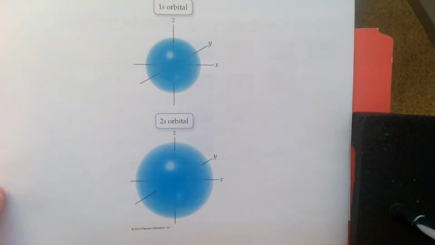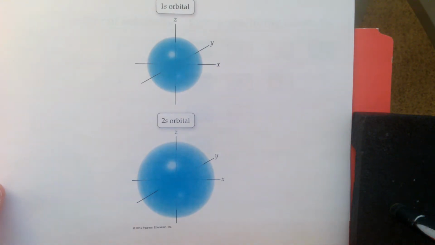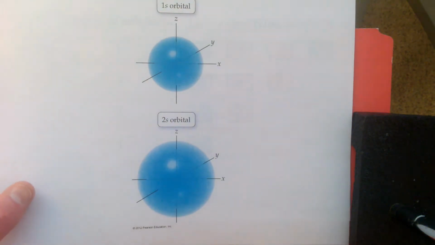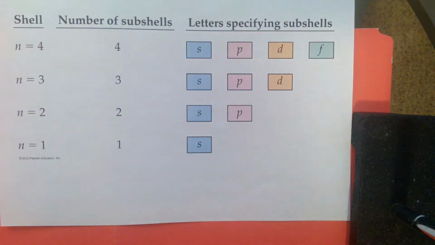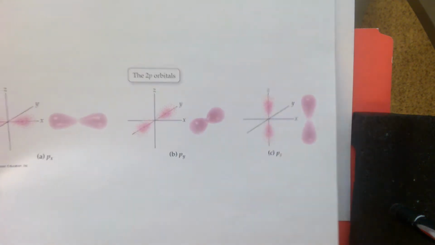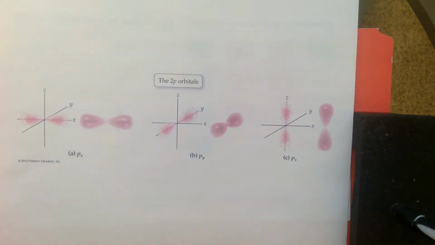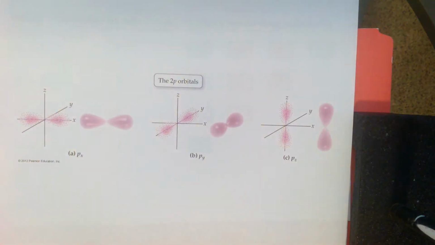And let's remember that every orbital, regardless of its shape, its size, its complexity, each individual orbital only holds a maximum of 2 electrons. So this is what s orbitals look like. Let's take a look at what p orbitals look like. Notice the p orbitals look kind of like a bow tie.